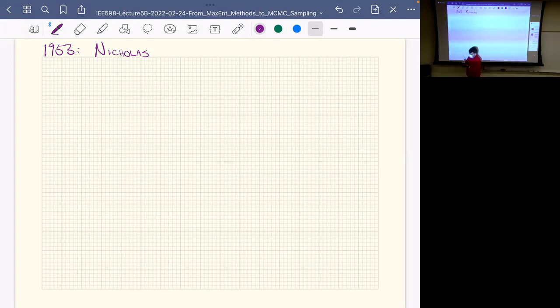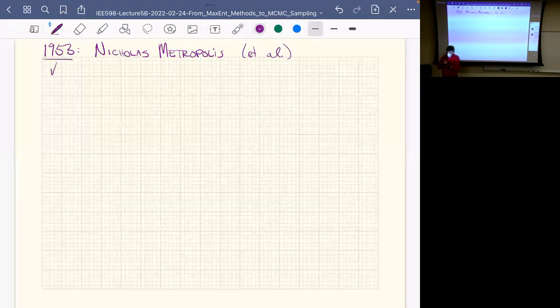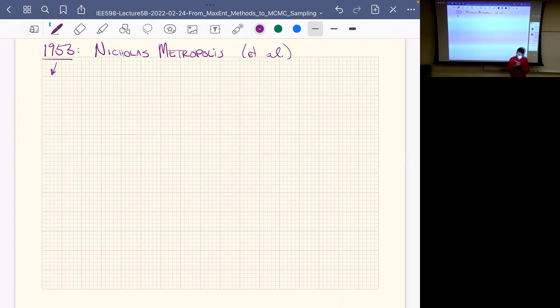So Nicholas Metropolis and others, and this was back in 1953, this was an interesting time for computing. They didn't even have modern random number generators. They were still using things like the middle square method.